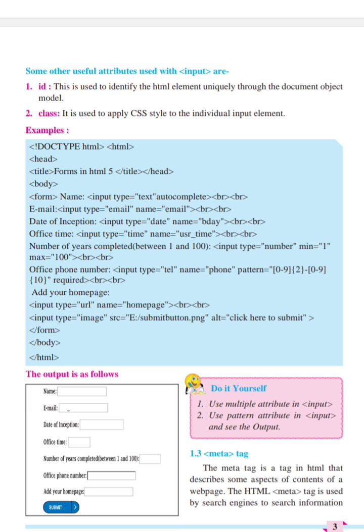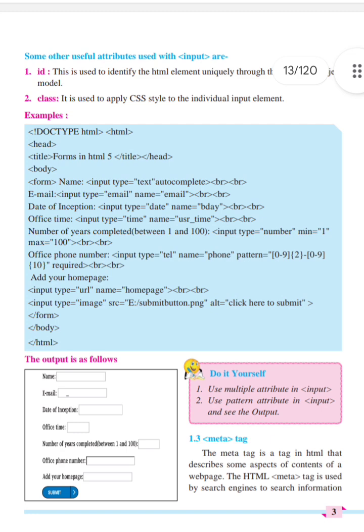Whenever we write HTML code, we start with doctype html, then below that html, then head. After head, we start to write title. In the title, we write forms in HTML5, then close title. After title close, close head, then start body.